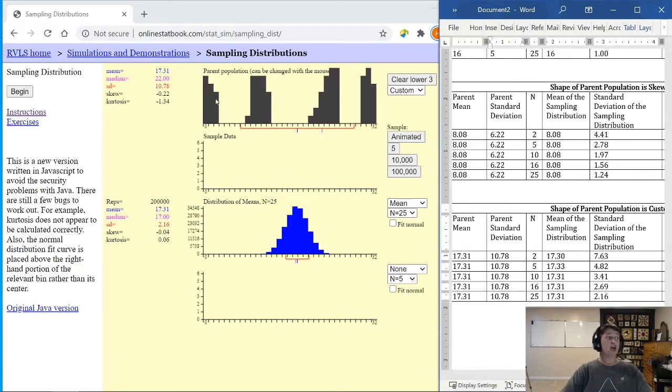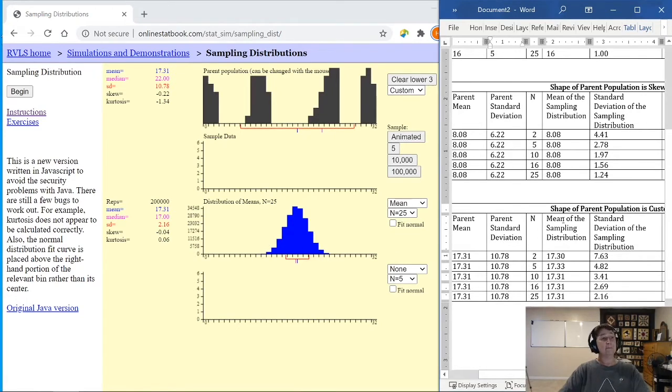It turns out that no matter what my parent distribution is, when I pull out a sample of data and find a statistic from that data, in this case a mean, and I create a new distribution, a sampling distribution of that sample data, then as my sample size gets larger, this becomes more and more symmetric, or it approaches normal.